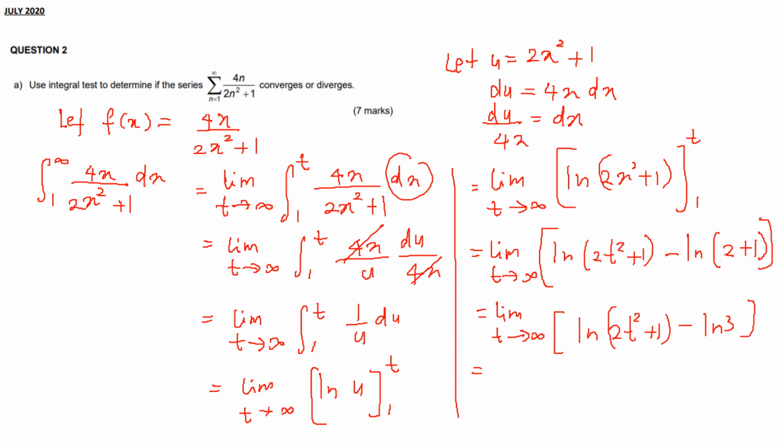The answer that you will get is infinity. So you can conclude that the series 4n over 2n squared plus 1, starting from 1 until infinity, diverges.